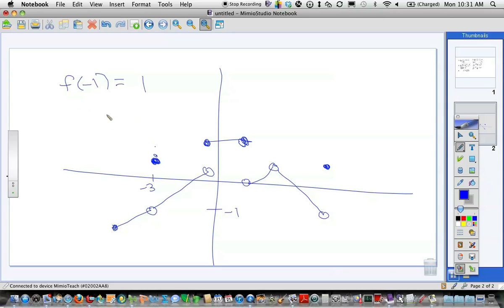But the limit as x approaches, excuse me, not -1, I'm sorry, -3. F of -3 is 1. But the limit on number 14 as x approaches -3 is -1. It's where the cars are approaching, -1.